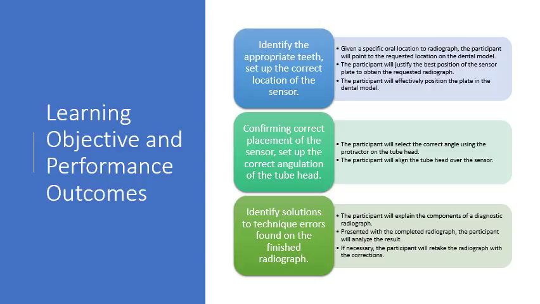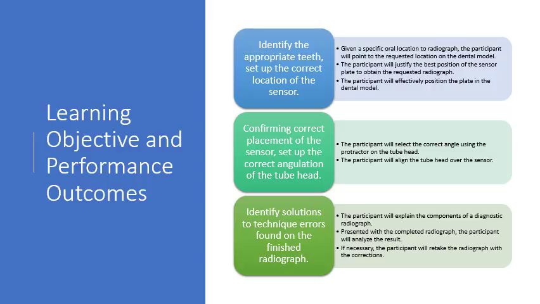So as we look at this graphic, let's look at the boxes on the top. The large square box is the learning objectives. So on the top box, that would be identify the appropriate teeth, set up the correct location of the sensor.